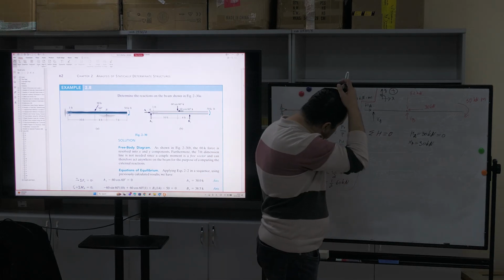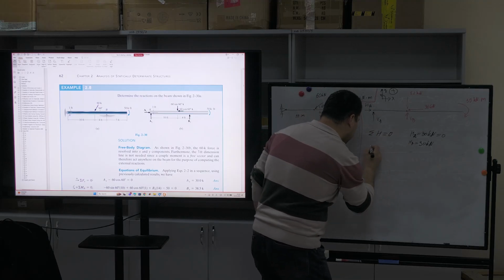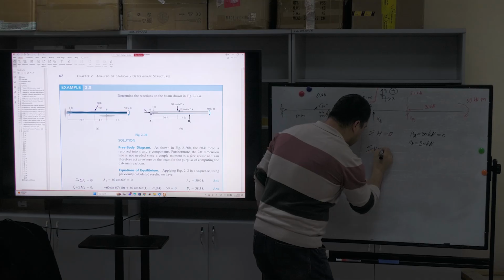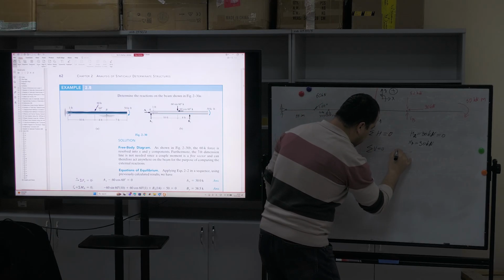Next one, the sum of vertical forces should be equal to 0. How many forces exist here?